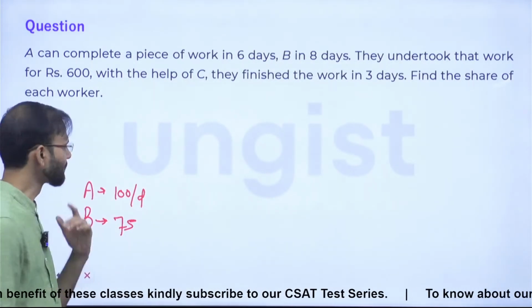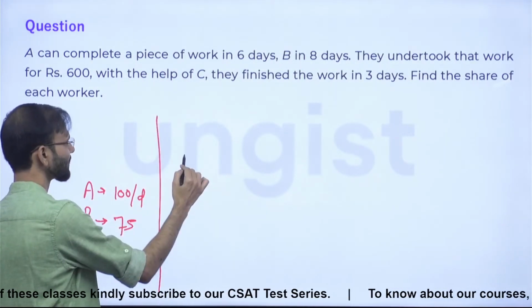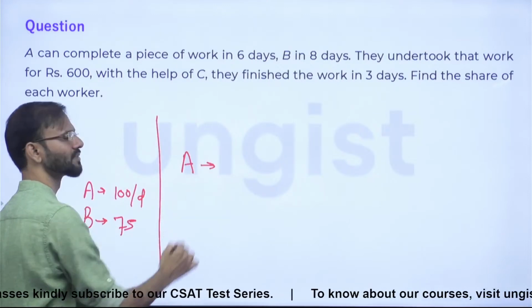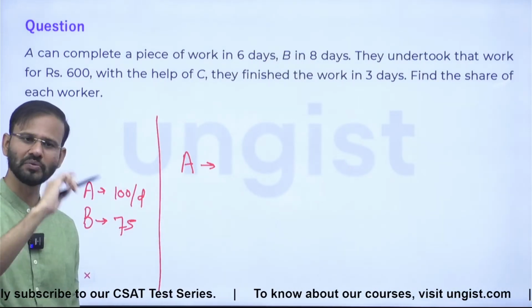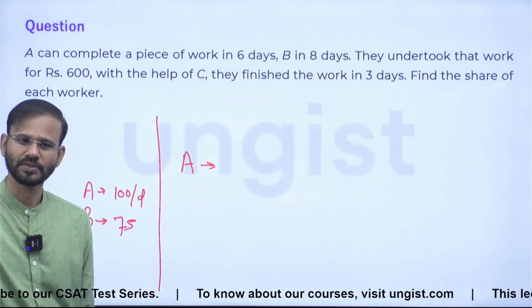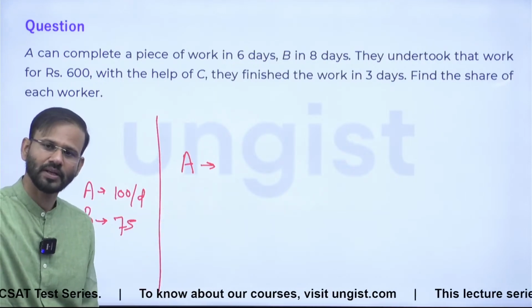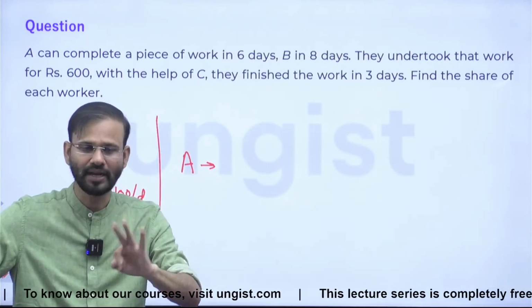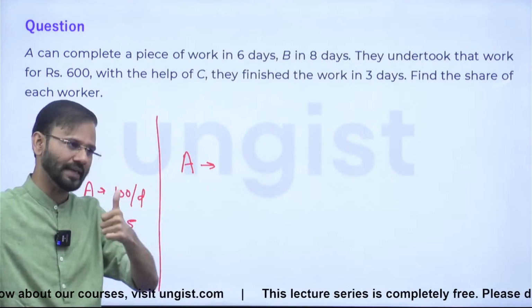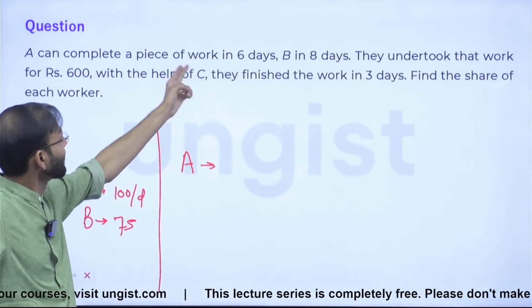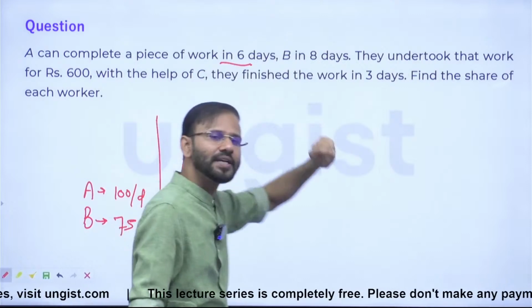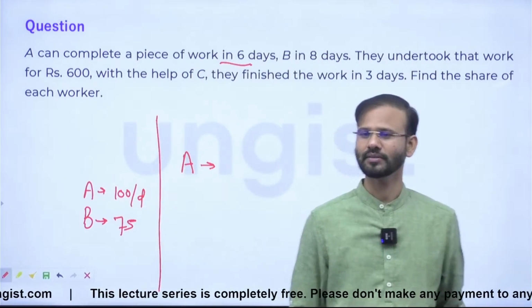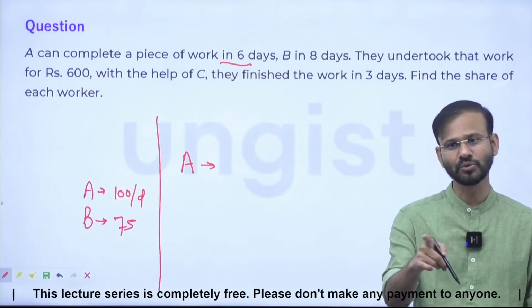Now the second approach for this question is, guys, A has finished what fraction of the total work? Read the question. A, B, C, all the workers worked for 3 days and the work was finished. 50%. Yes. A can do the entire work in 6 days. If A is working 3 days on it, A will be doing 50% of the total work.